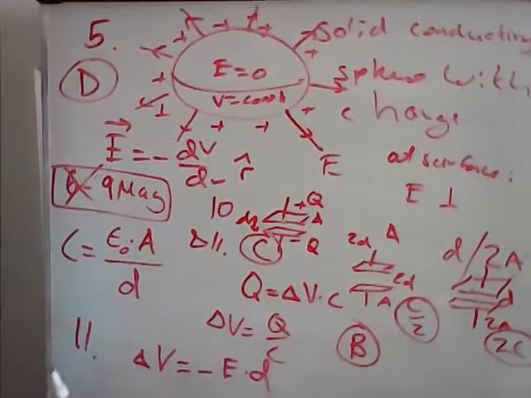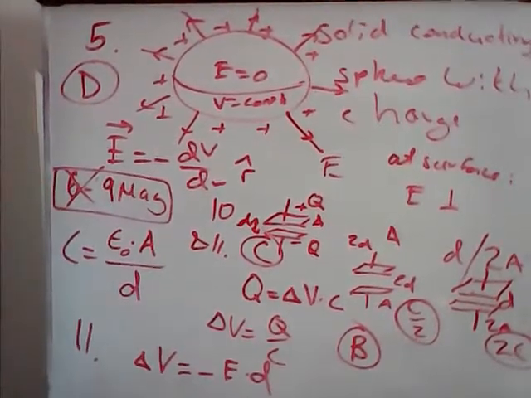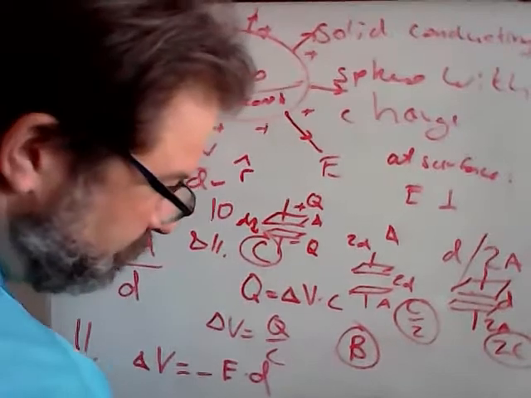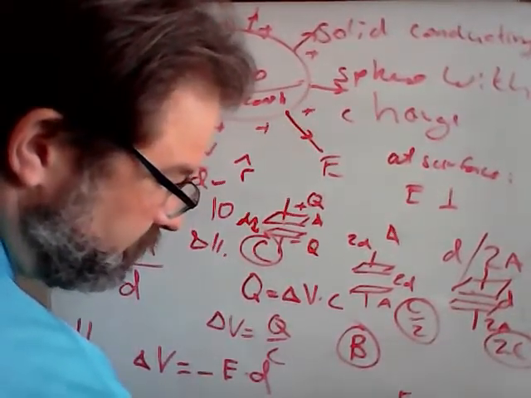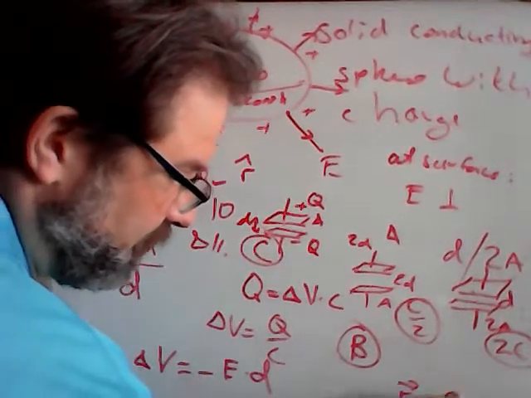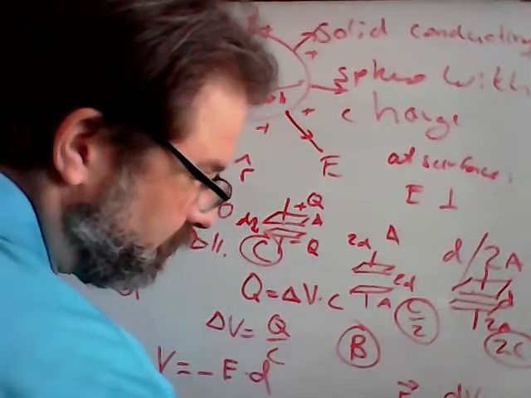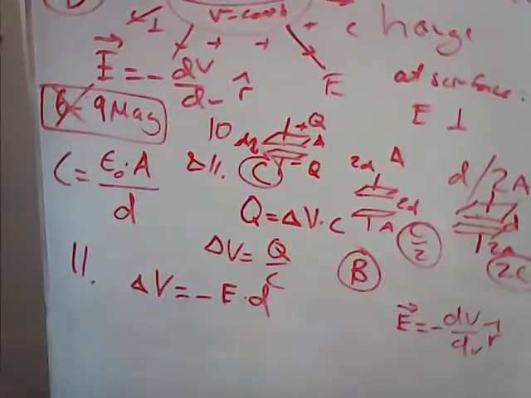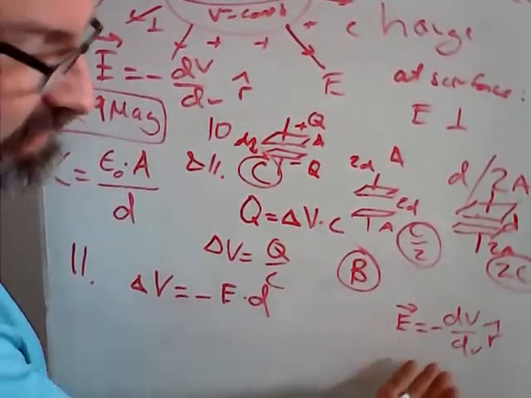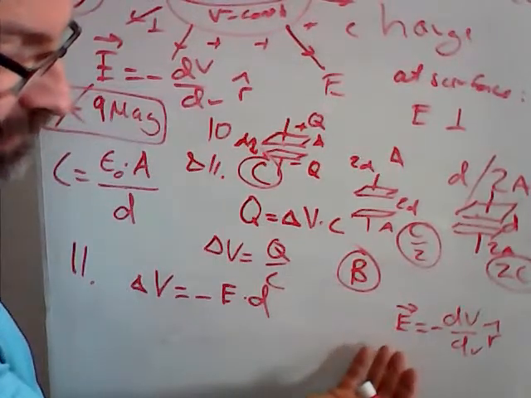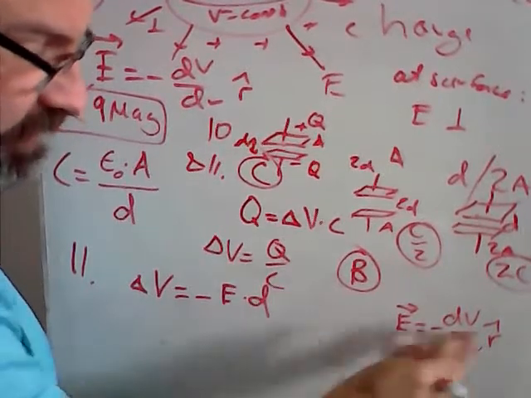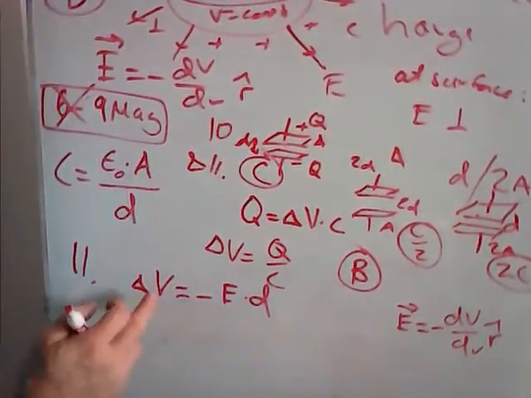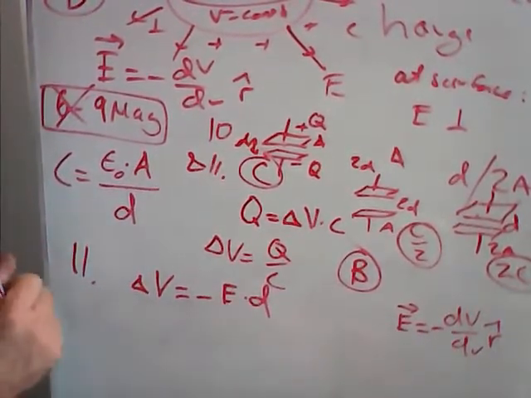And because it's a constant electric field, and just a reminder that E, the vector, is equal to minus dV dr. So this is the equation we have, and for a constant electric field, that means the potential change is constant, and we can just integrate that easily and get that delta V is minus ED.